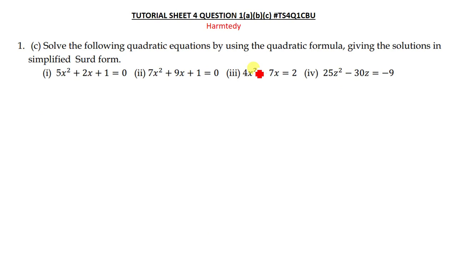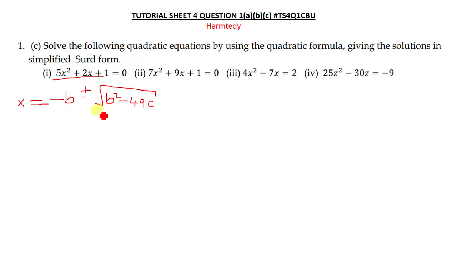So the last question on question 1 is saying solve the following quadratic equations by using the quadratic formula, giving the solutions in simplified surd form. So we start with this one. So the formula is x is equal to negative b plus or minus the square root of b squared minus 4ac, over 2a.